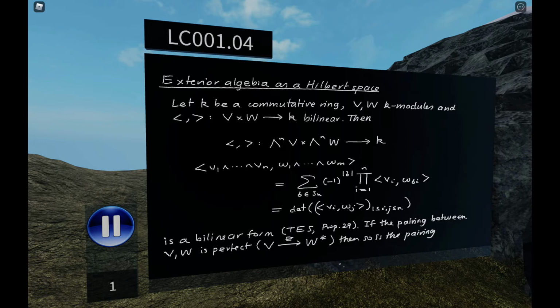I'll just say star, this one here. So in particular, V is isomorphic via this pairing to the K-linear dual of the nth exterior power of W. Alright, so what we're going to do is use this pairing defined over all n to give a Hilbert space structure on the exterior algebra of any Hilbert space.